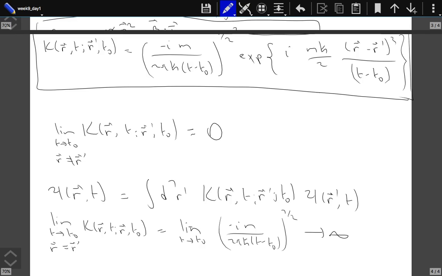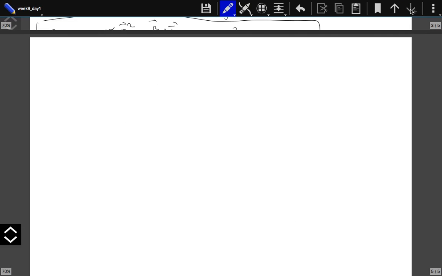So does it remind you of any function that you know? It's just a Dirac delta function. Of course, to prove that it is the Dirac delta function, there is one more thing we have to evaluate.